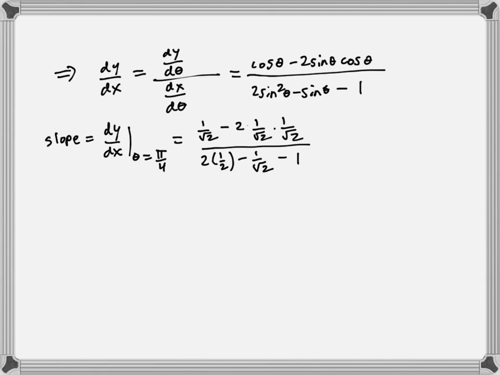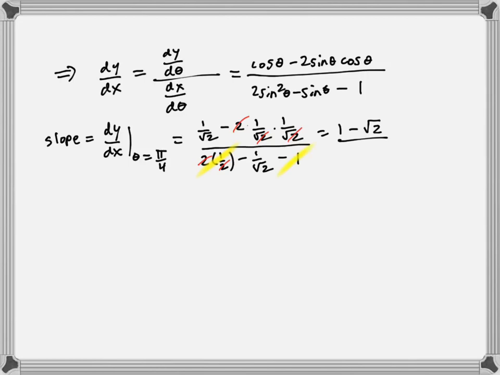What do we get here? Well, root 2 times root 2 is 2, so that cancels with those two. That cancels with that. And if we multiply top and bottom by root 2, we actually end up with the following: 1 minus root 2 divided by, what do we get here? We actually have a 1 minus 1 here, so this guy and this guy cancel each other out.